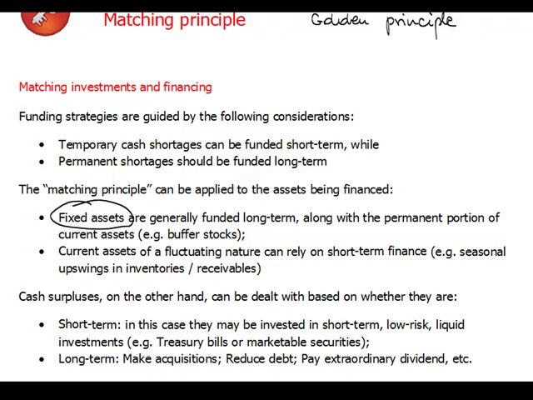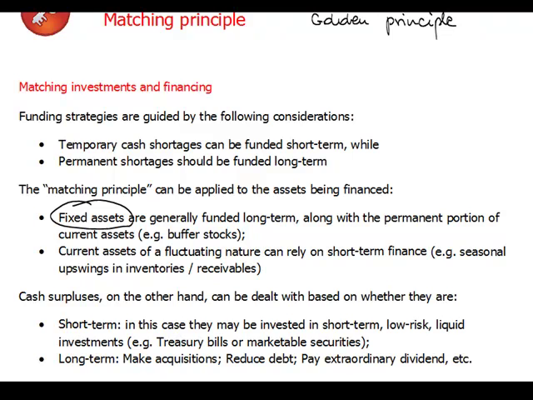Clearly, if we buy a factory building that will generate income streams for another 20 years, it wouldn't be sensible to finance it with an overdraft, because an overdraft must be repayable on demand, and therefore the income streams from that building might not yet come to us before we have to repay the overdraft.